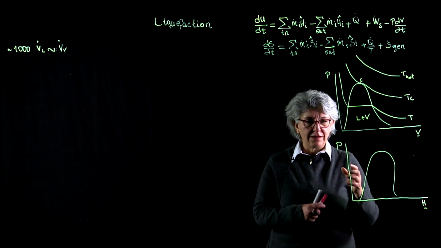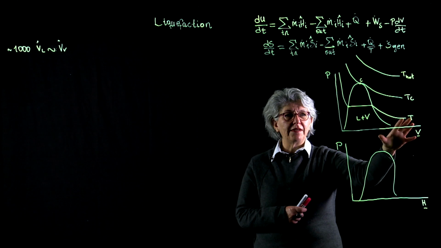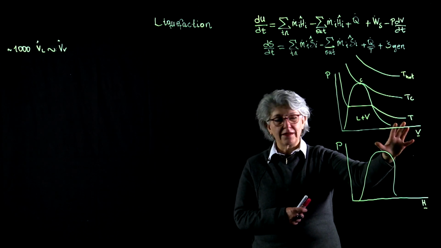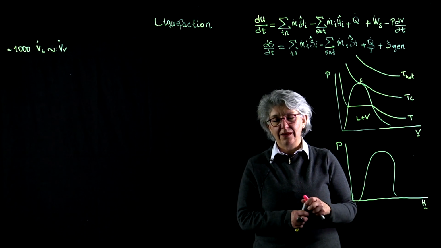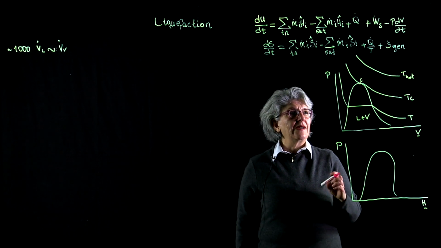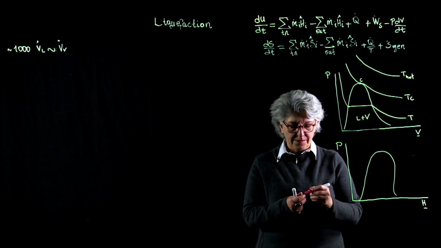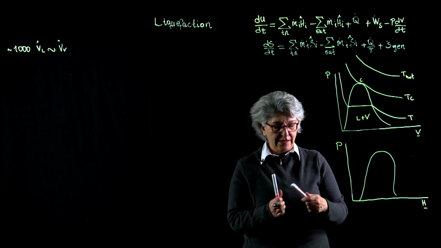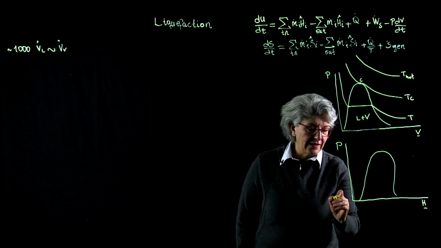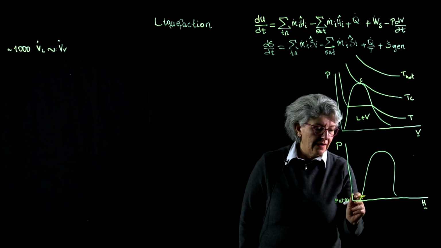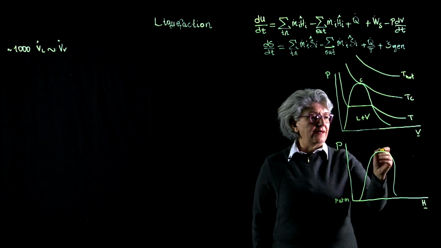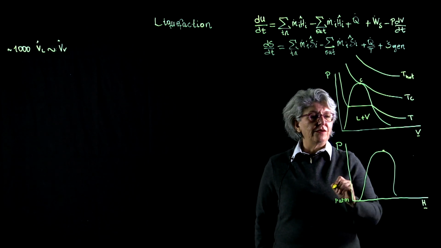On the PV diagram it may not be realistically accessible, but perhaps a PH diagram can give us a better perspective. On the PH diagram, let's label this as P atmospheric for the basis. All right, and this is, of course, our critical point.